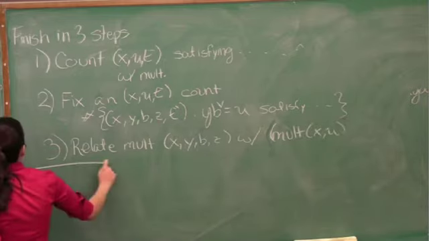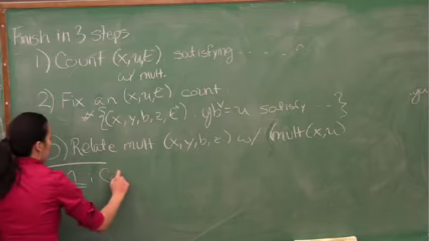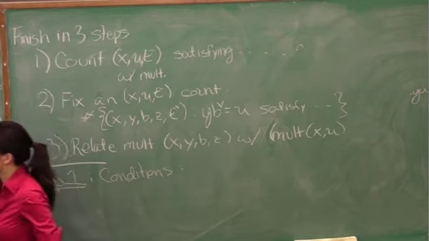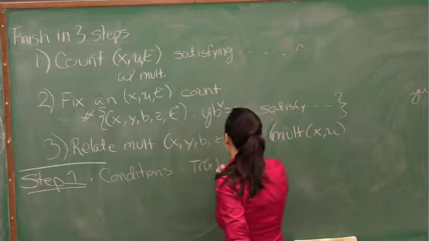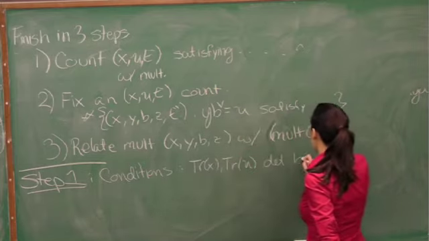Okay, so let's look at step 1. So what are the conditions? So these conditions that I didn't write out, what they give you in x and u is that trace of x, trace of u are all determined by delta.